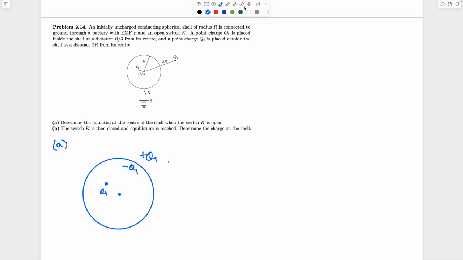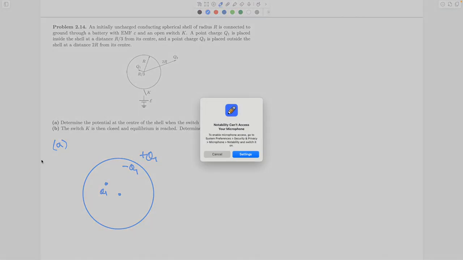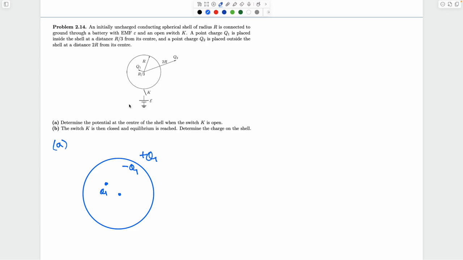When you add the second charge, Q2, it does not really affect the potential at the center because once again it's shielded from the outside, right?